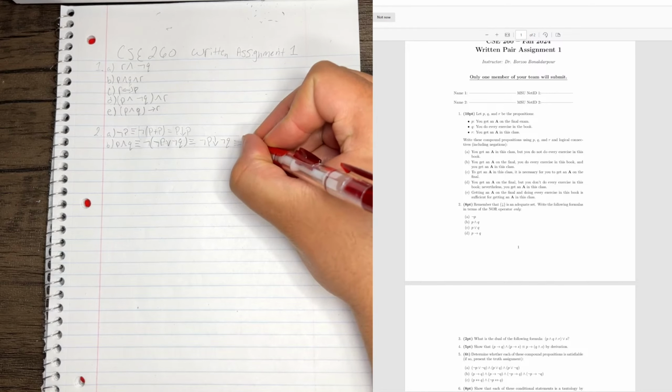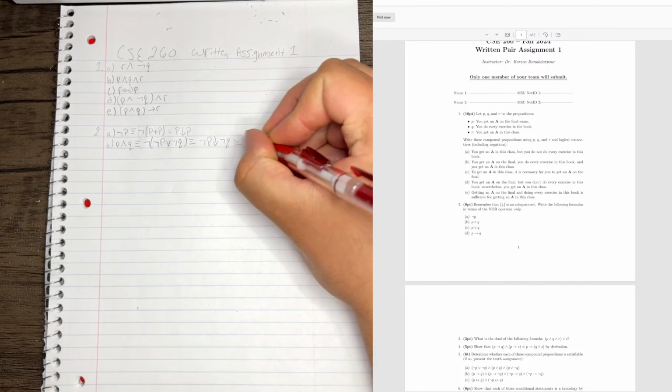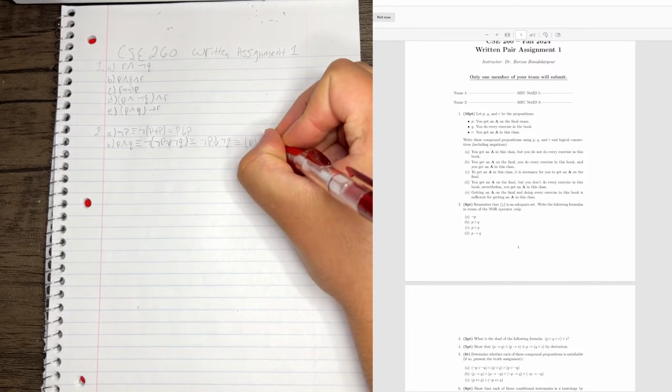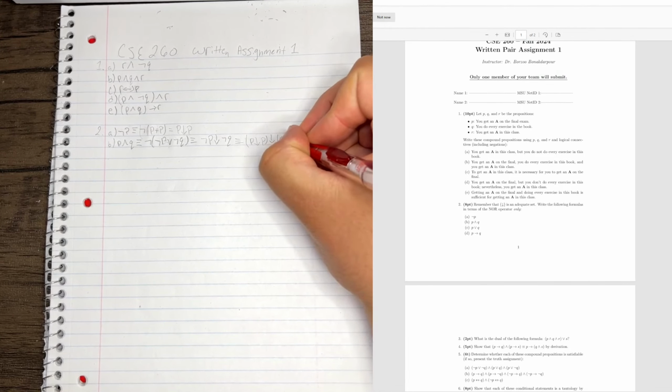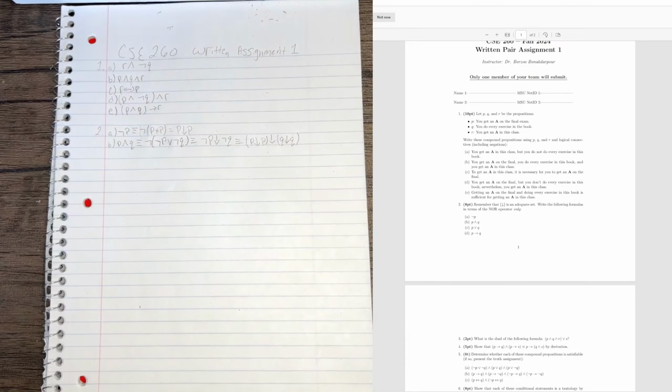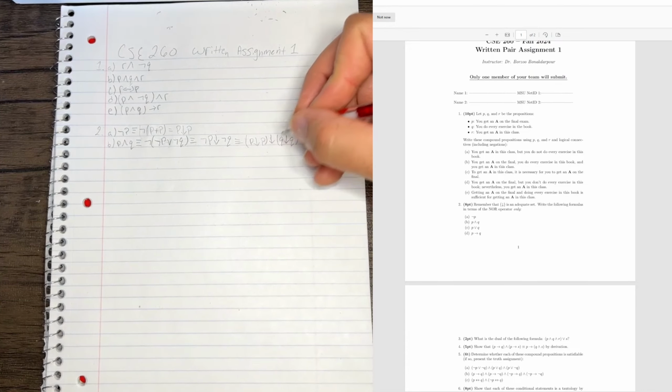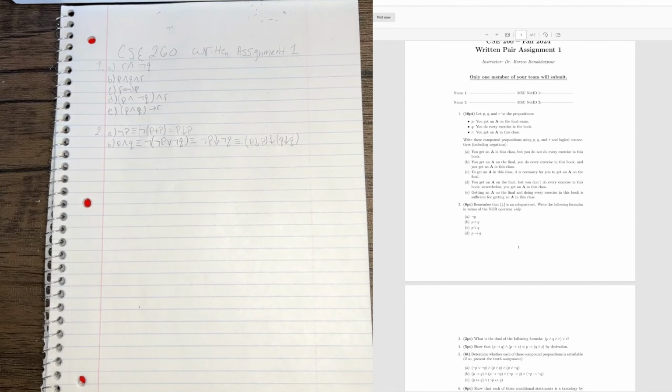That would just be P, not P, NORed with Q, not Q. And that is equivalent, right?